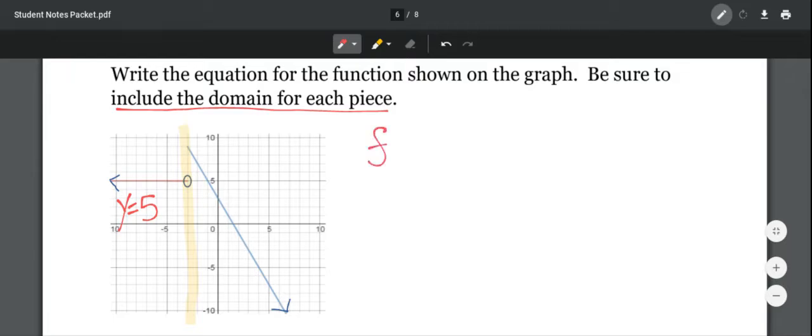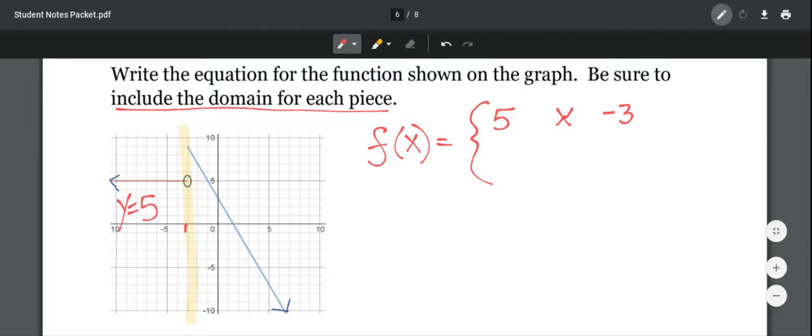So f of x equals, and then a little bracket. And our first equation is 5. Now your boundary is at -3. Okay? And there's only one boundary, so that means -3, just like your domain that we did last chapter.